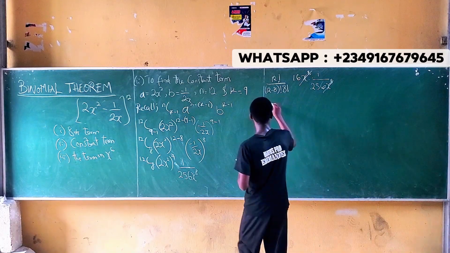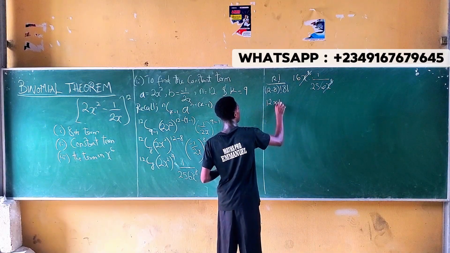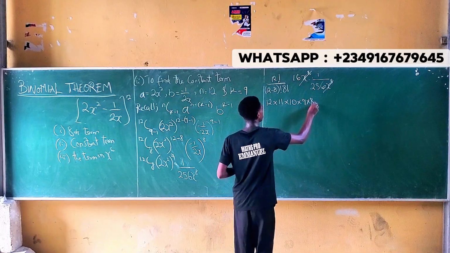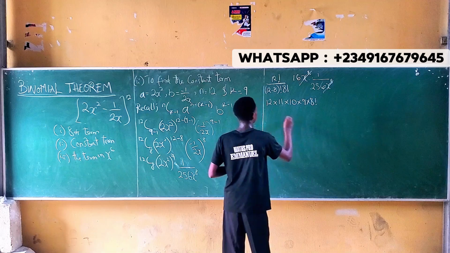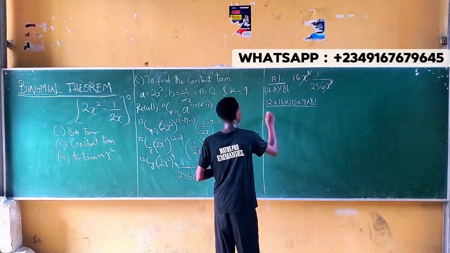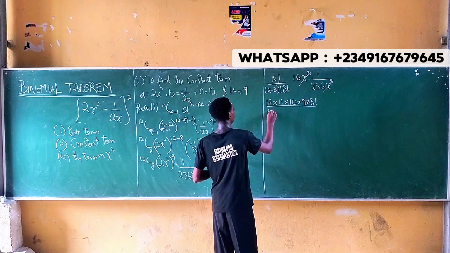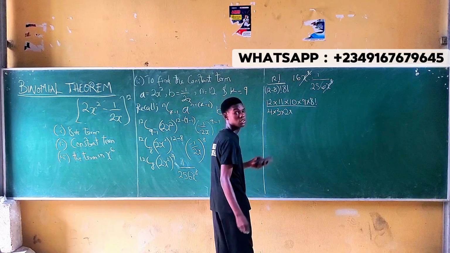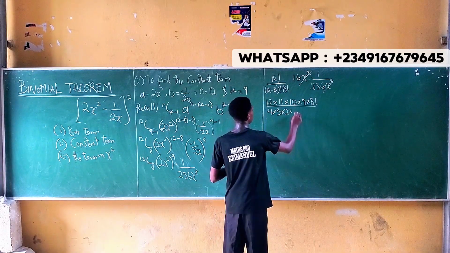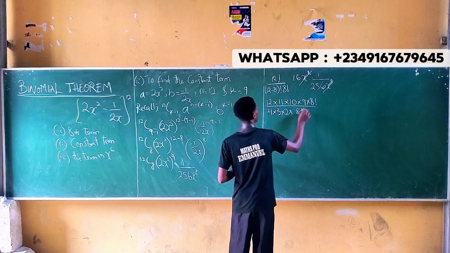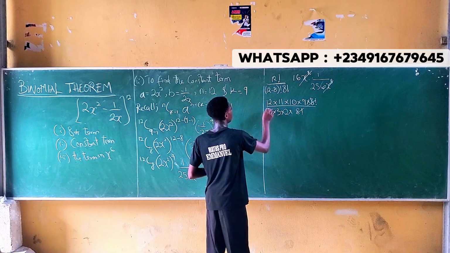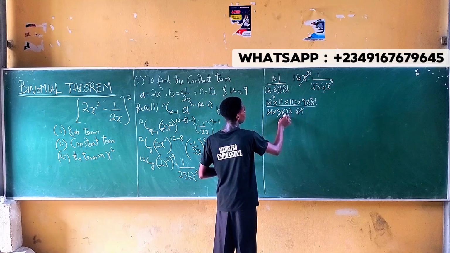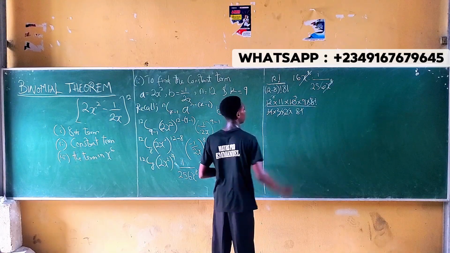Now 12 factorial, I will have 12 times 11 times 10 times 9 times 8 factorial, all over 12 minus 8, which is 4. So I will have 4 times 3 times 2 times 1, which is the same thing. Now this is multiplied by 8 factorial, so this will cancel this. Then 4 will go into 12, 3 times. 3 will cancel 3. 2 will go into 10 5 times.